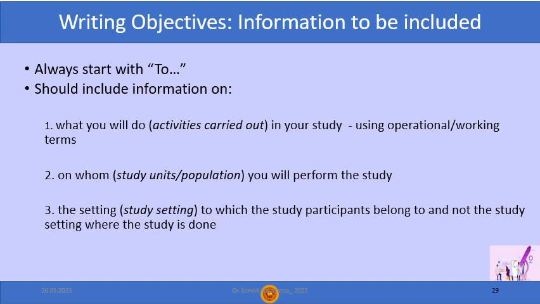Those should be specified using operational or working terms, and then on whom, the study population you are going to study in this particular research, then the study setting to which the study participants belong, and not the study setting where the study is done. For example, you may be a university academic, but you are going to perform this research in a school. Then the study setting would be the school, not the university. Have that in mind.